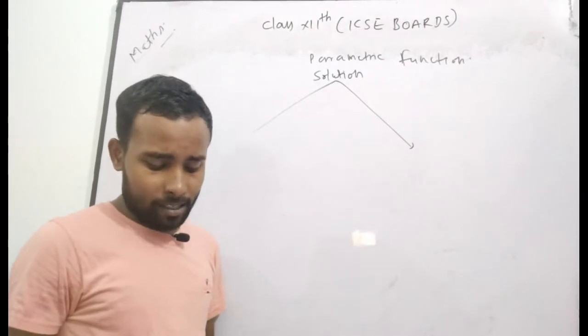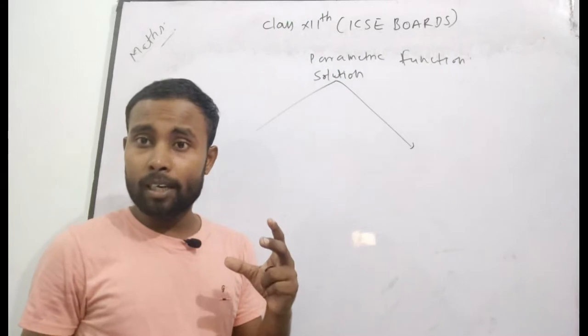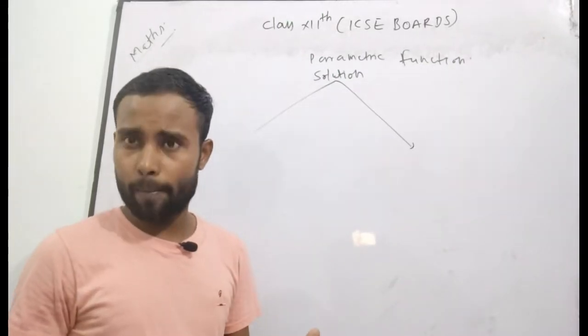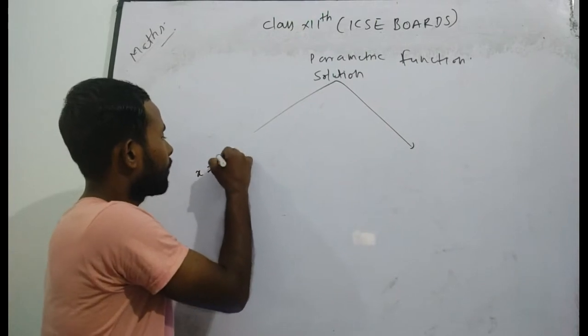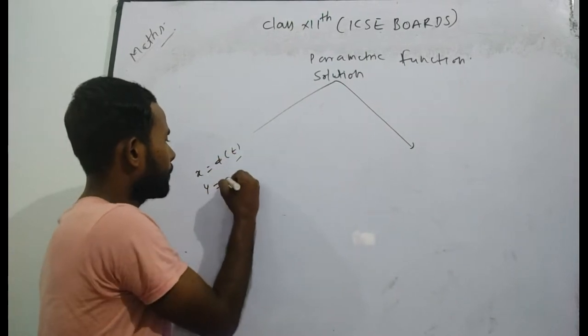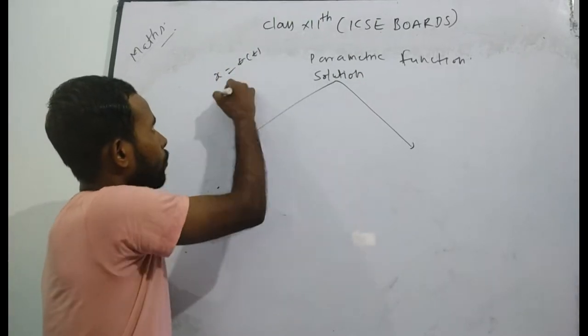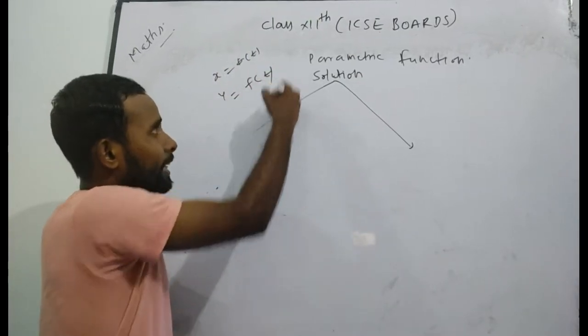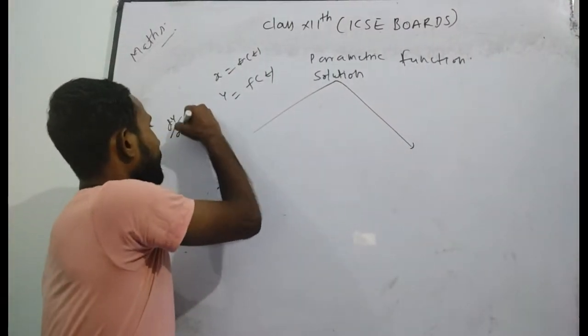Now you will tell me, sir, how can you find the derivative of y with respect to x in a simple way? First of all, suppose that x is a function of t, phi(t), and y is a function of t. In that case, if you want to find the value of dy/dx, there are two methods.